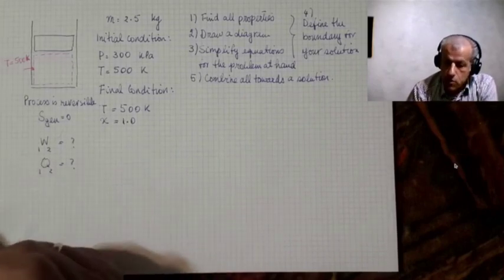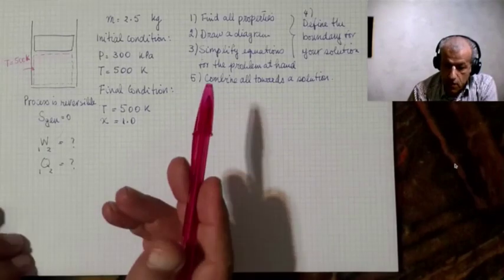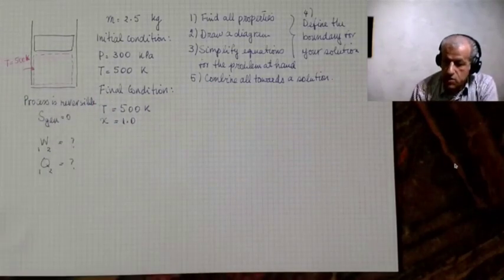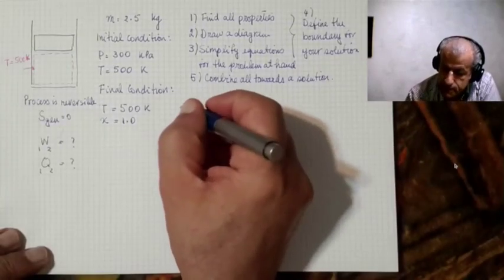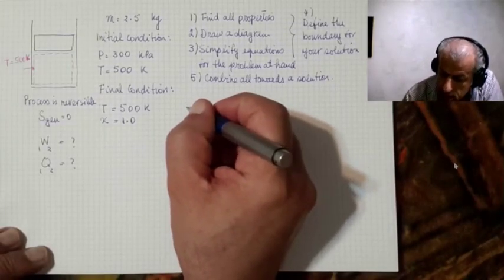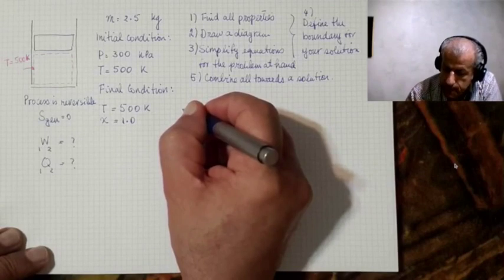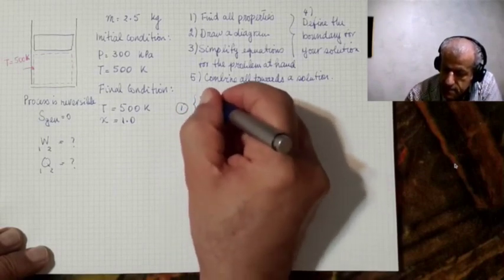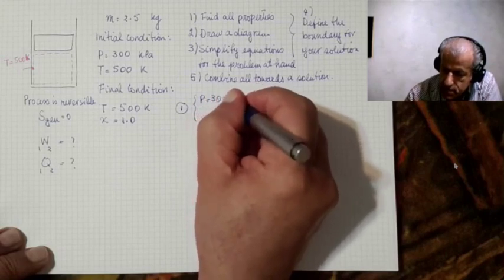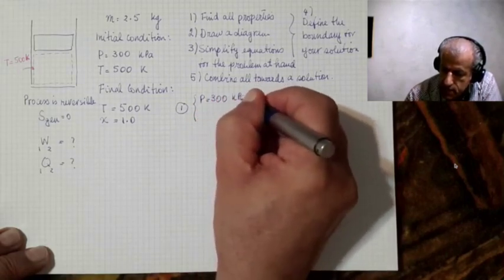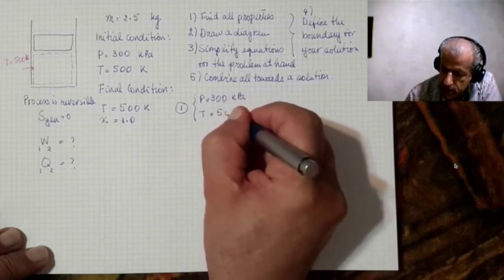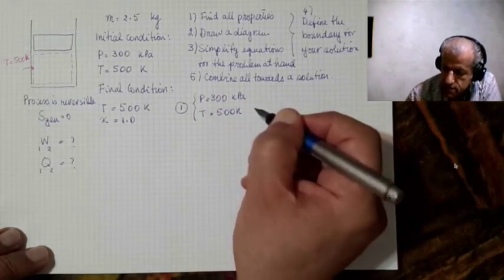So what we do, find all properties. For the initial condition, call it condition 1, what we have is P equals 300 kilopascals and T equals 500 Kelvin.